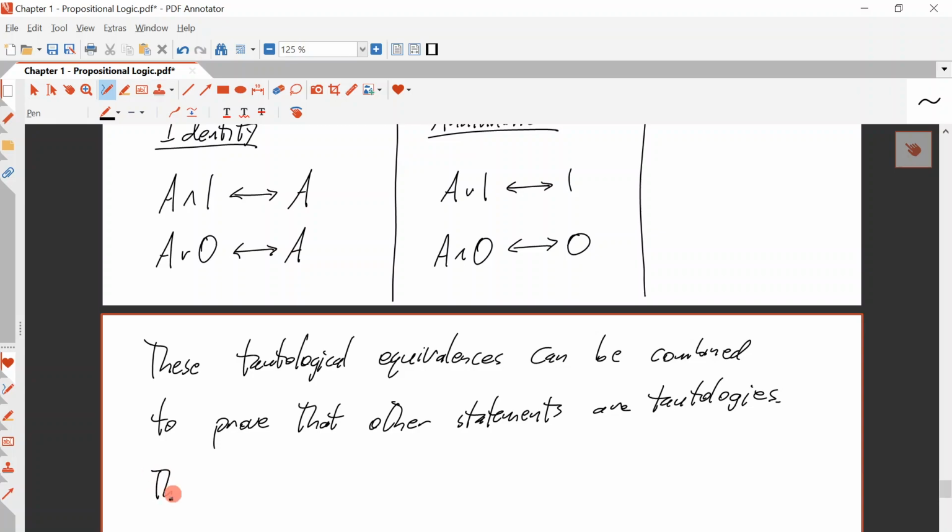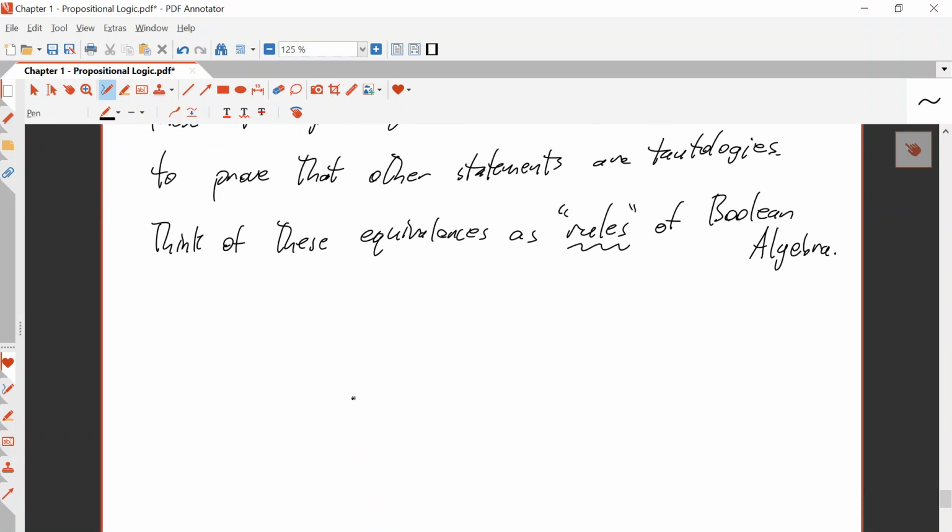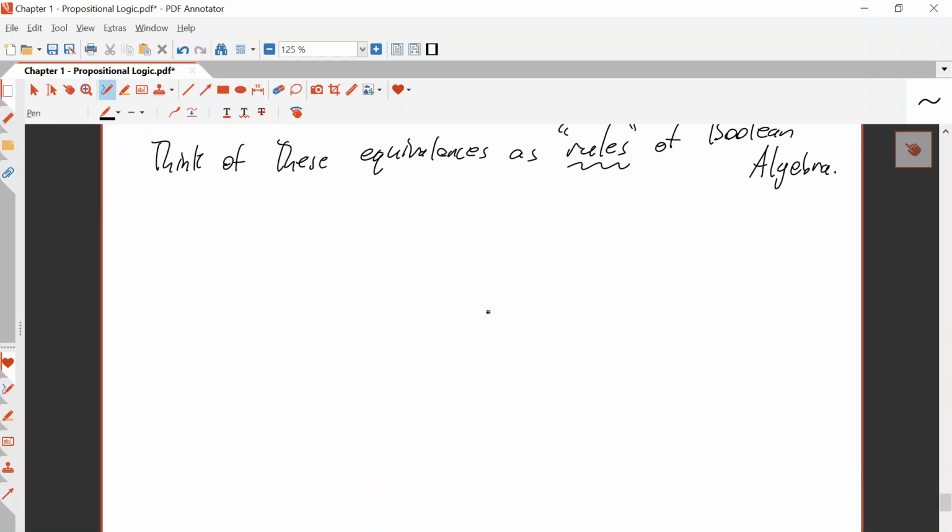Think of these equivalences as rules of Boolean algebra rather than the algebra of real numbers. There are some rules of real numbers and algebra that you use, and this is a new set of rules for Boolean algebra.